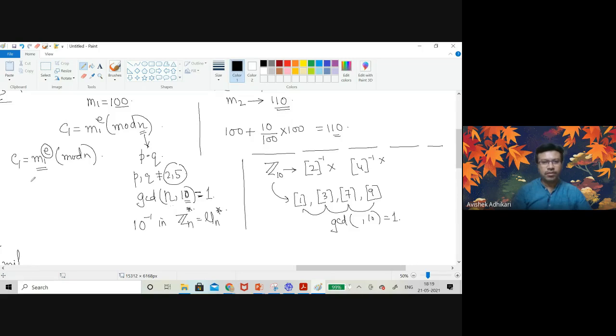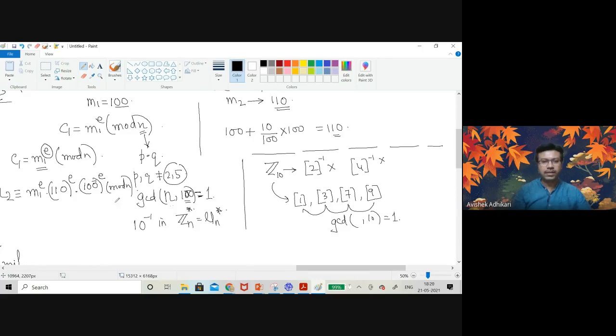So you calculate C2 equal to M1 to the power E, then, say M1 is 100 and you want to make it 110, 110 to the power E, and then the inverse of 100 to the power E. If the GCD of n and 10 is 1, the GCD of n and 100 is also 1, so you can calculate the inverse of 100 to the power E modulo n.